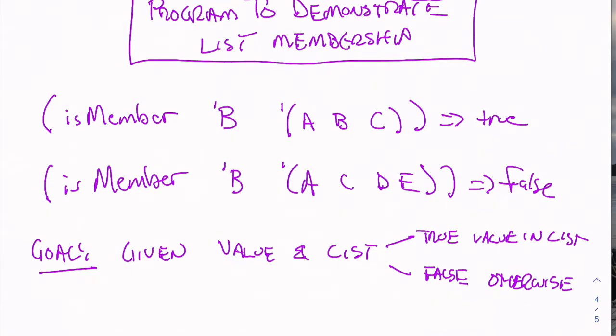Okay, so let's do a trace of how this algorithm might work, and then based on the trace, we will hopefully determine our algorithm. All right, so that's the idea anyway.